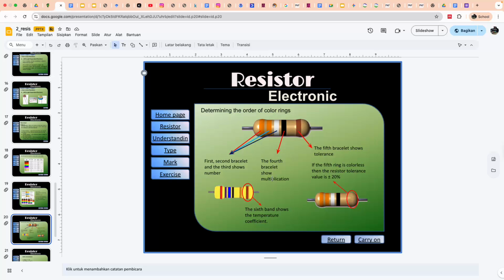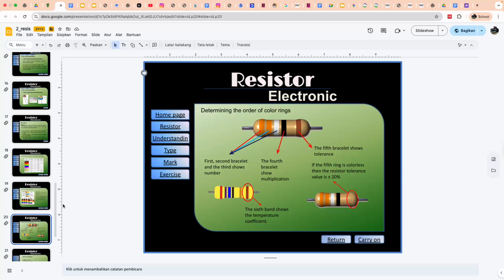The fourth bracelet shows the multiplication, and the fifth bracelet shows the tolerance. If the fifth ring is colorless, the resistor tolerance value is 20%. Like this, in sequence, then the temperature coefficient.